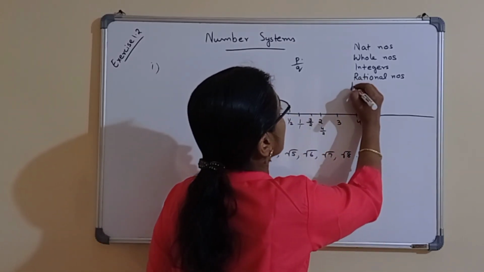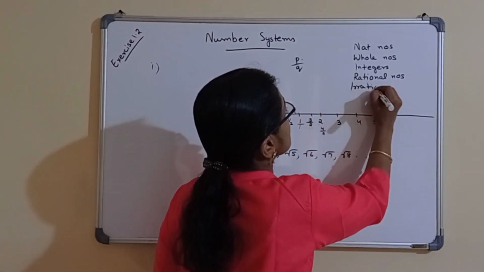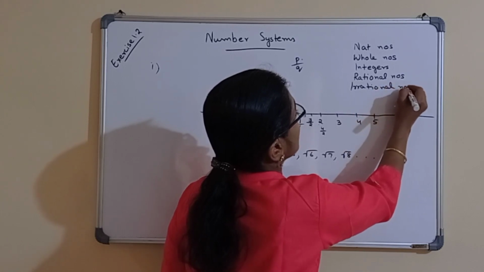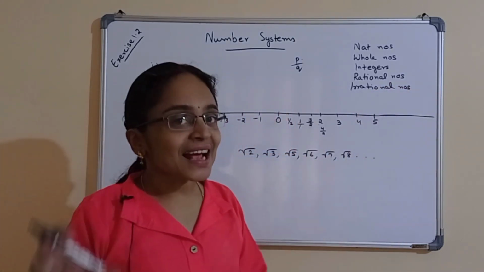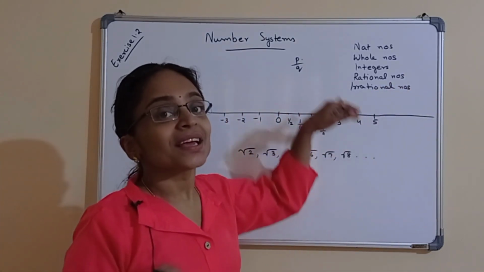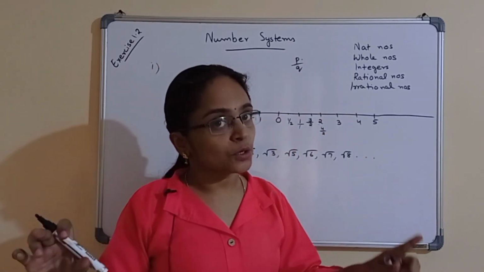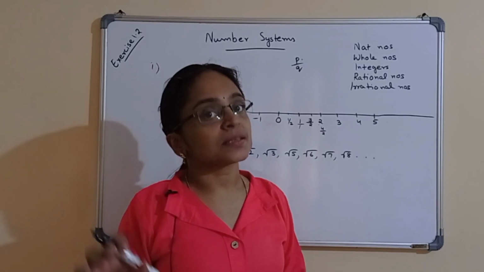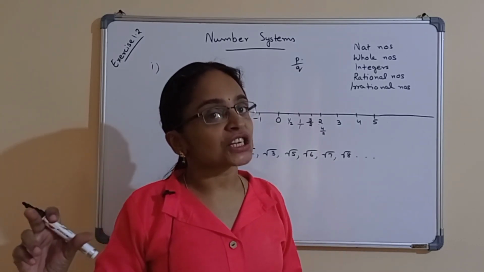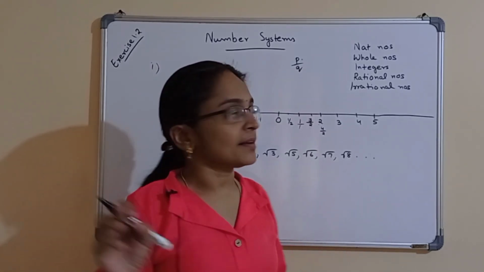Irrational numbers are also in the real numbers, which means irrational numbers are included in the real numbers. So, every irrational number is a real number.